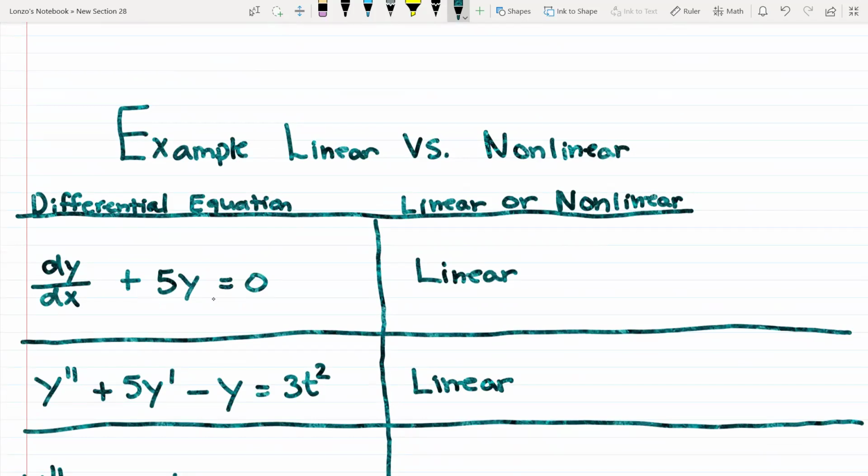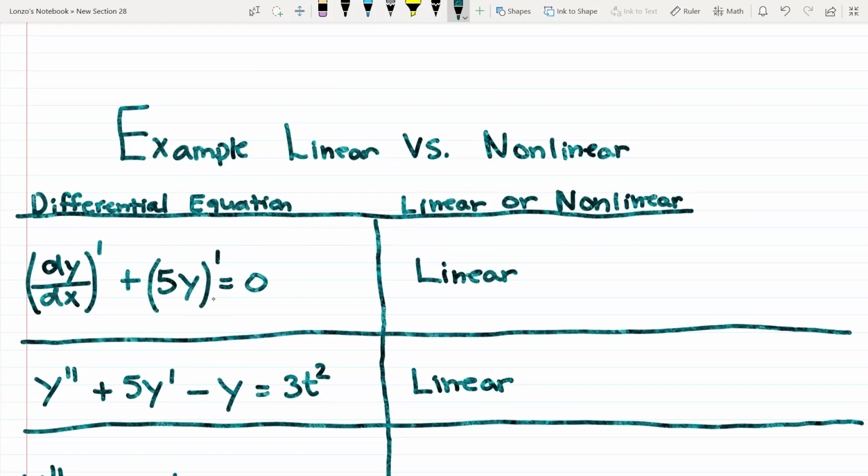On the left, you have dy dx plus 5y equals 0. Why is this linear? Well, let's look at our power. So dy dx is technically raised to the power of 1. They all have to be to the power of 1. This one is technically to the power of 1.